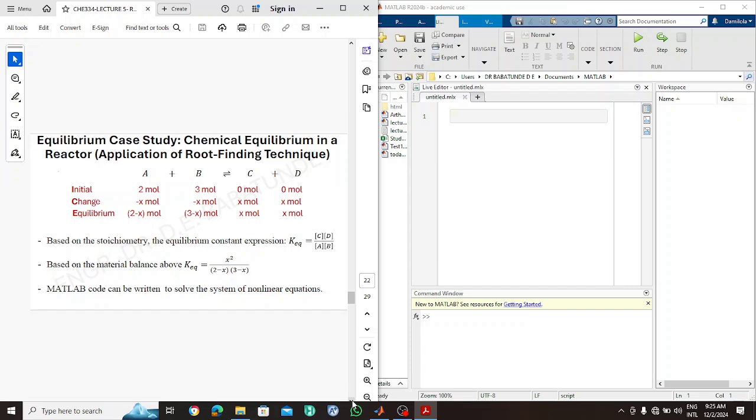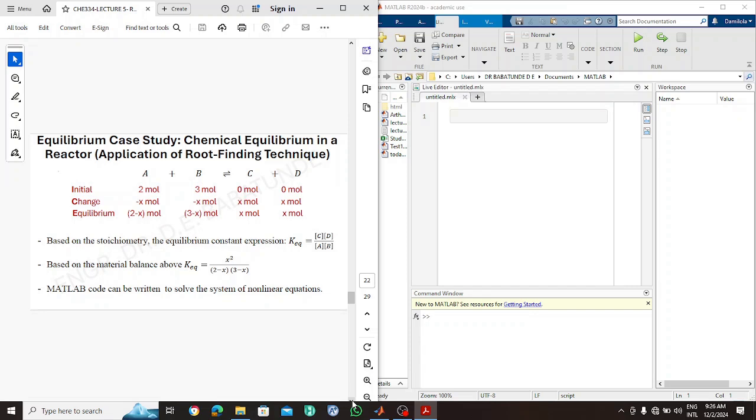For B that is depleting is going to be minus BX. For C that is going to be formed is going to be CX. And for D that is going to be formed is going to be DX. So the stoichiometric coefficient is going to play a role. Okay? But here it's 1, so that's why it looks like everything is the same, because you have used 1 to multiply through.